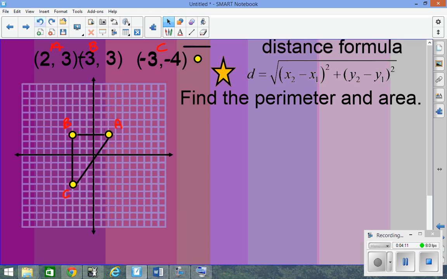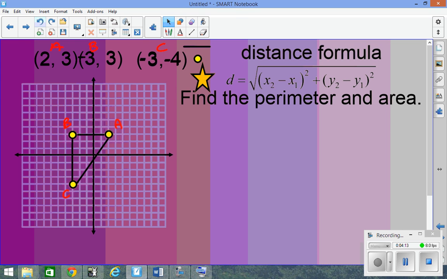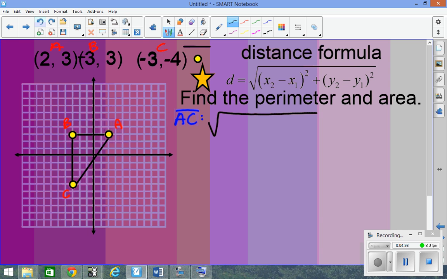And we're going to be able to use this distance formula to calculate the lengths of each of these sides. So let's start by doing side AC. So if we were to take this distance formula and plug in the numbers, we're going to be finding the square root of, well, what's the x2 coordinate?